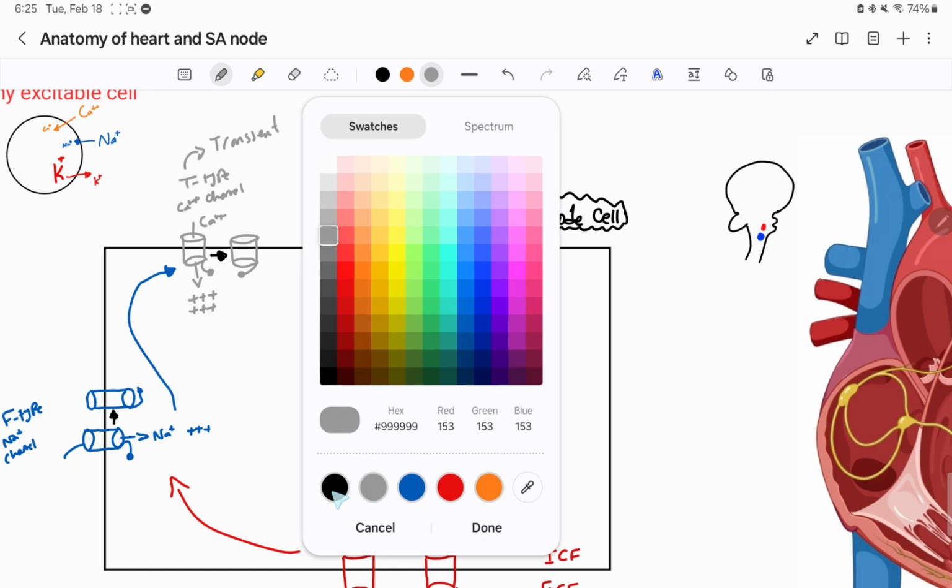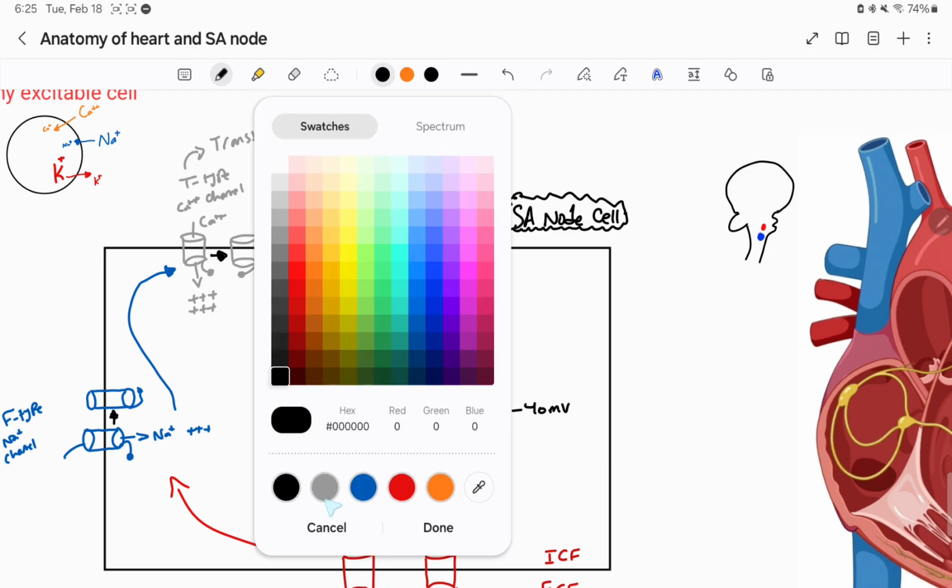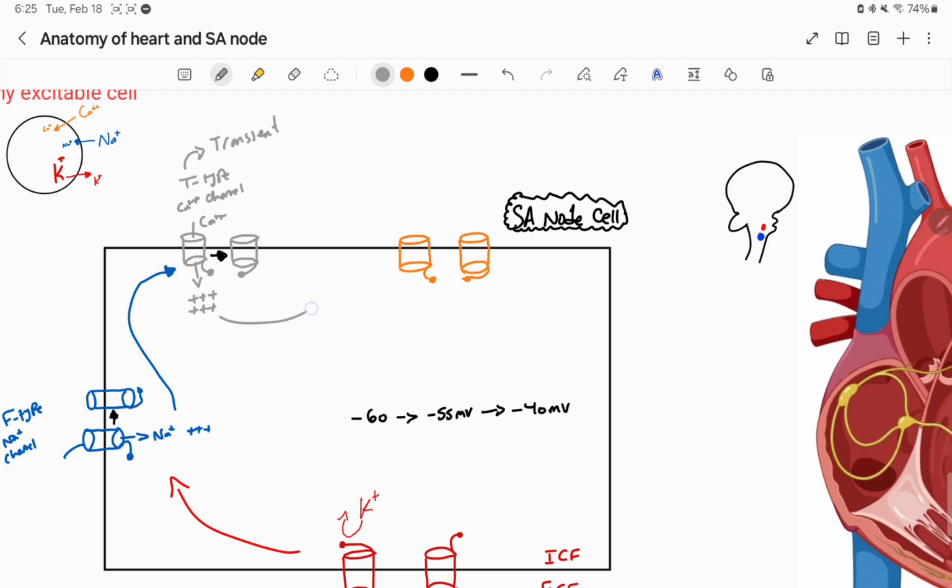So remember, now we came from negative 55 to negative 40 millivolts. That's threshold potential. At threshold potential, guys, a special kind of voltage-gated ion channel opens up. And that one is going to be this other type of calcium channel.